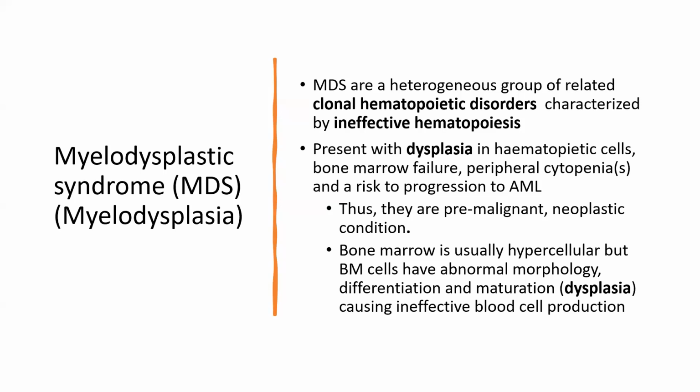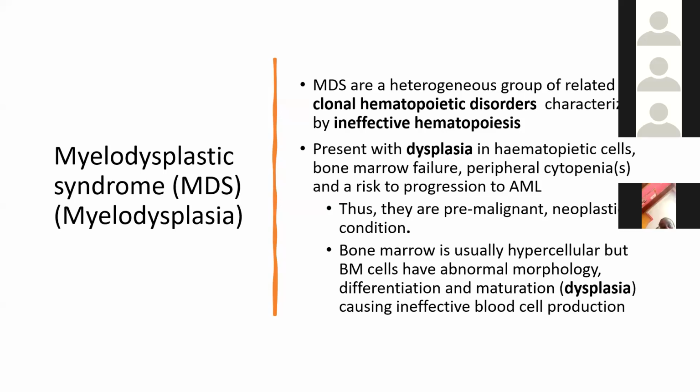Any one of those lines may be affected and to any degree, so that you may have a monocytopenia, a bicytopenia, or even a pancytopenia of blood. The other thing about these disorders is that there's a risk of progression to acute myeloid leukemia. Therefore, they are pre-malignant, okay?